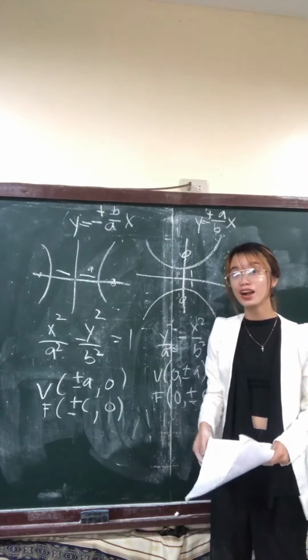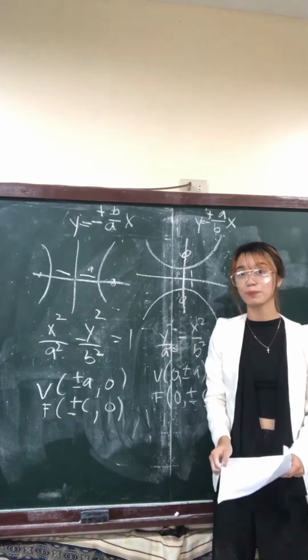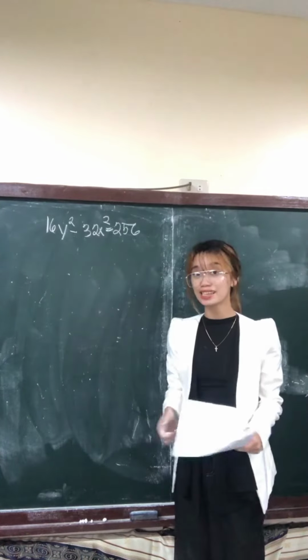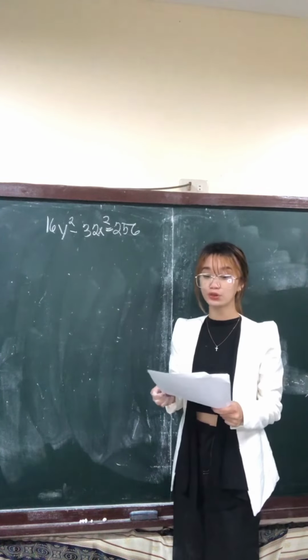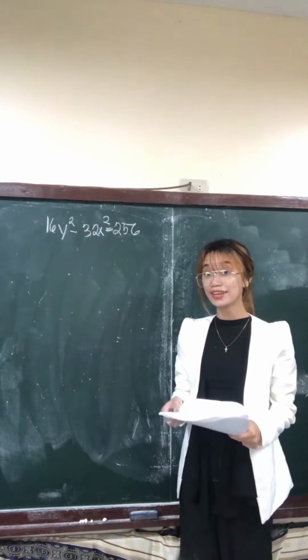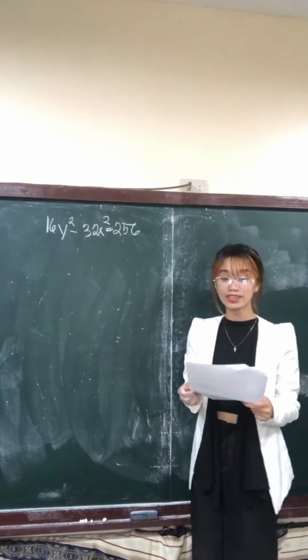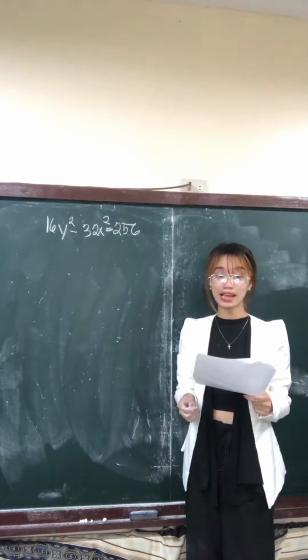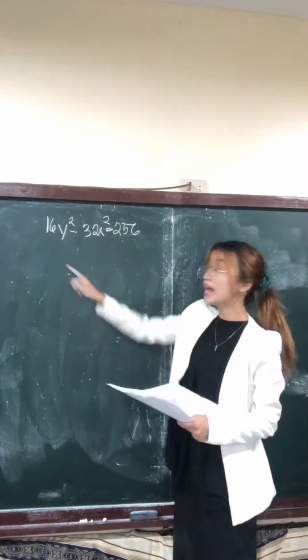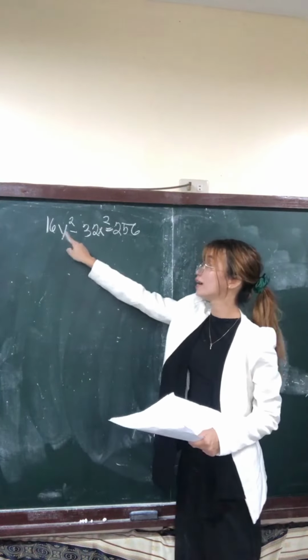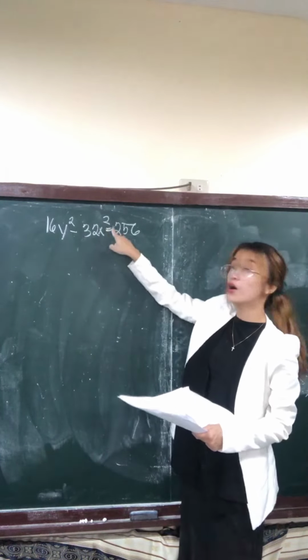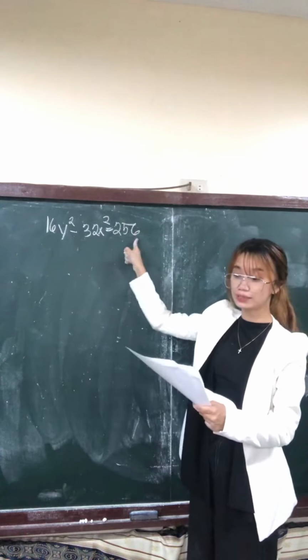And now we are going to proceed to an example of the hyperbola. We have to graph the hyperbola, identify the coordinates of the center, the vertices, and the foci, and write the equation of the asymptotes. We have the equation 16y squared minus 32x squared equals 256.